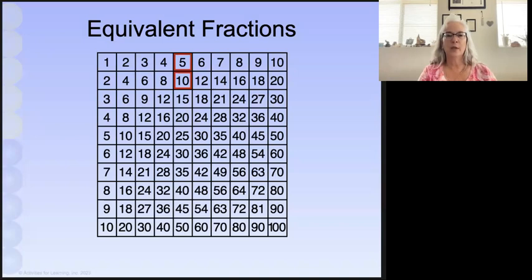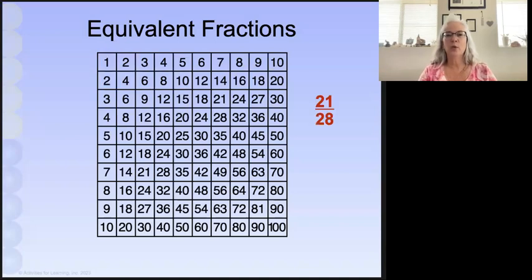Moving it off to the left-hand side, 5/10 is the same thing or equivalent to 1/2. It's also equivalent to 2/4 and 3/6 and 4/8. So we can use this multiplication chart to help us reduce or simplify or find equivalent fractions.